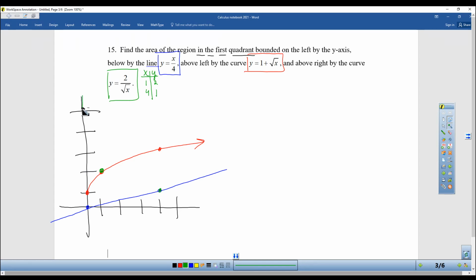And since it has an asymptote here at 0, and it also never has any x-intercept, I can be pretty sure it goes like that. So again, I know it has a vertical asymptote because x can't be 0, which means it kind of goes along that. So here's my region. Remember, first quadrant only.